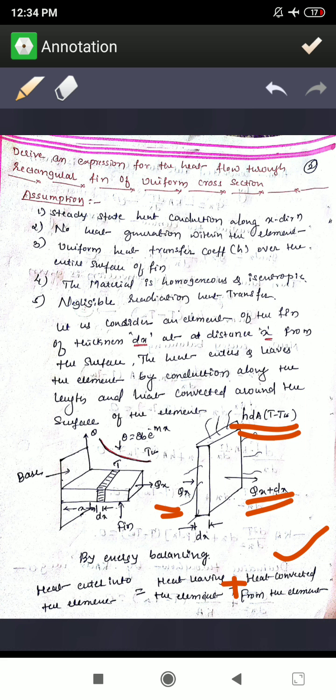So this is the energy balance. Energy balance is nothing but the amount of heat entering the element, which is equal to the heat leaving the element and the heat convected from the element.